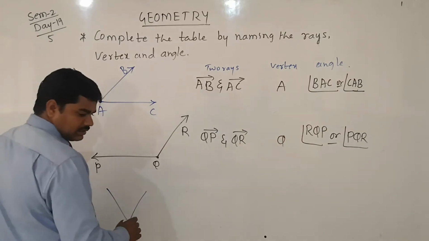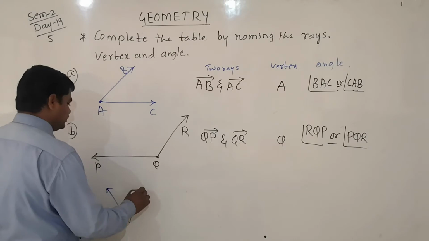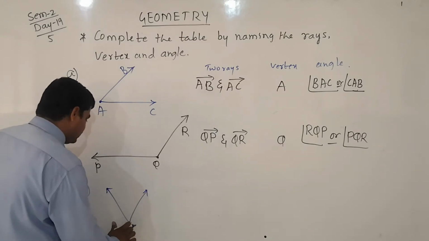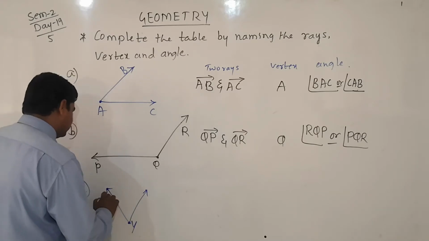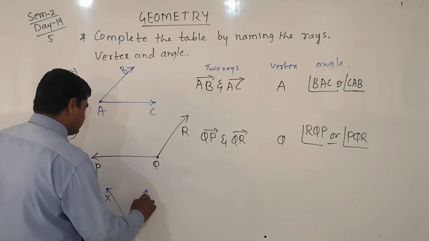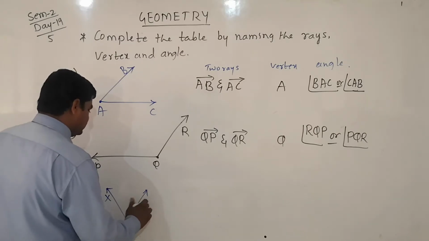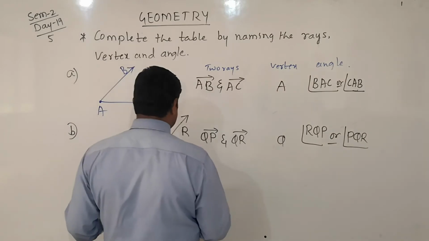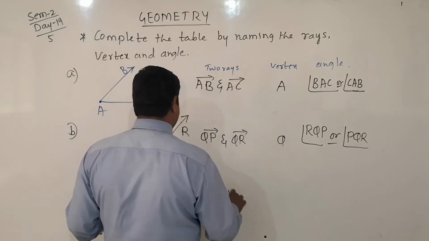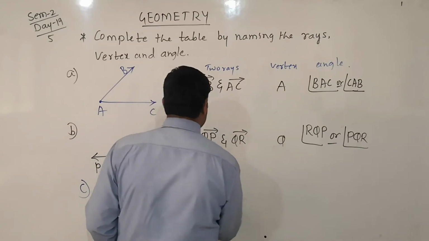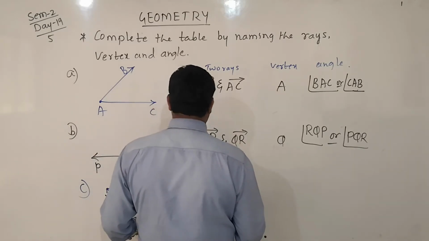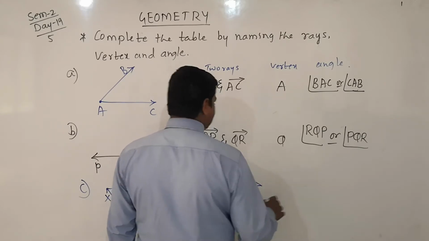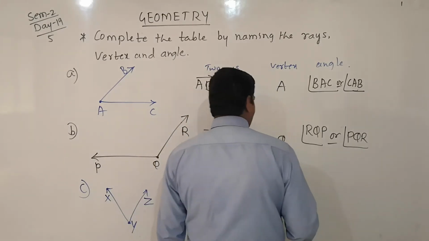Here these are two rays with common endpoint Y. This is X, Z. YX is a ray and one more ray, that is YZ. YZ is the another ray. Y is the common vertex.